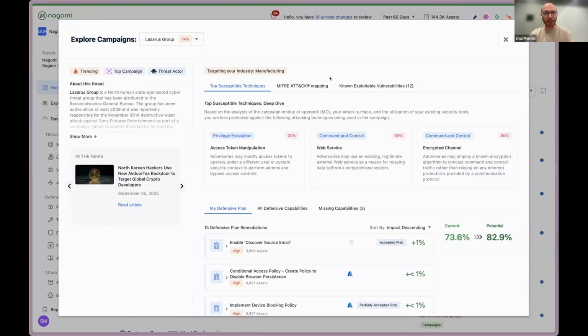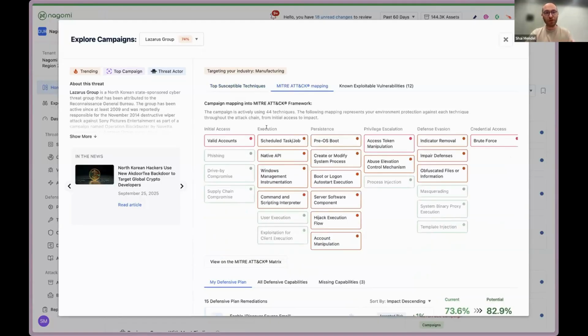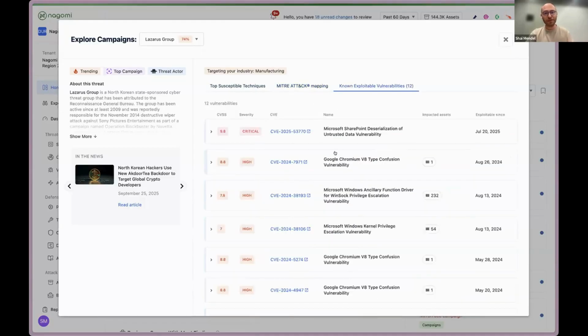We automatically consume threat intel, either your threat intel or the one we provide, automatically understand which ones are relevant to you in your industry, these customers in the manufacturing industry, and automatically assess what your posture is on the MITRE ATT&CK language. But the interesting piece, what are the concrete action items you can do against an attack, comes in two flavors.